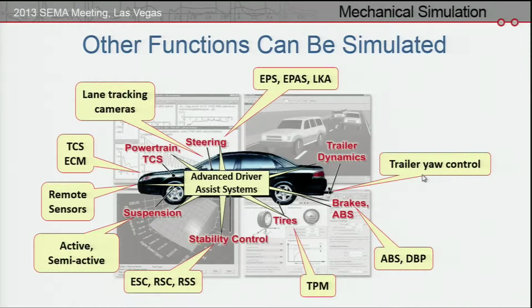Of course, there are anti-lock brake systems, and down here on the right, the other dynamic brake proportioning systems, tire pressure warning monitoring systems, electronic stability control. I have all of these shown. It goes on and on.